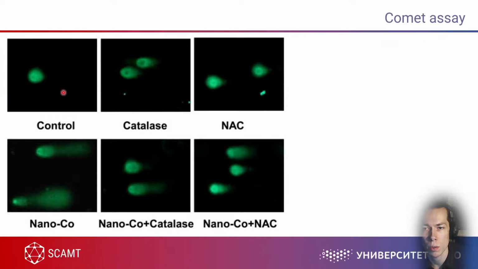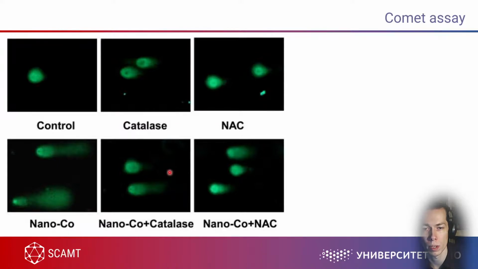In case you have some damage done, for example, by cobalt nanoparticles, you will see a huge tail like a comet, so it's called comet assay. But if you add some antioxidants like catalase or acetylcysteine, you will see a decrease in tail lengths, like here or here.